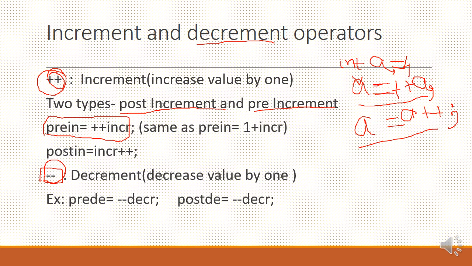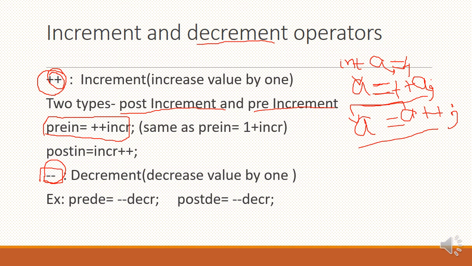Here, whatever the value of a is, that is assigned first. Afterwards, the value of a is incremented. That is called the post-increment. Post-increment means after assigning, the value of the variable is increased by 1. Pre-increment means before assigning, the value is incremented by 1.